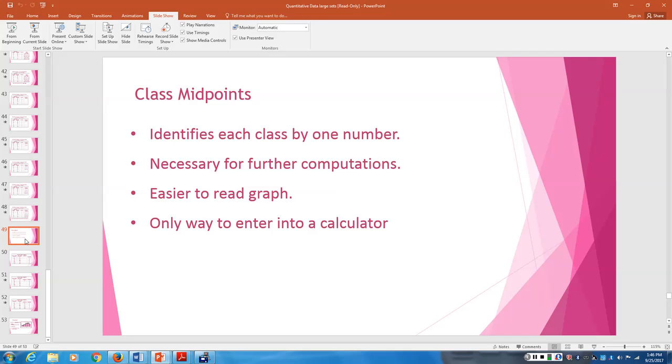And then we talked about getting class midpoints. A lot of times if we're going to do any calculations with the data from a frequency table, we need to know the midpoints to be able to estimate what those first 5 numbers were, or those first 3 numbers were. And it's the only way you can enter it into a calculator if you don't have the table, if all you've got is the frequency table and you don't have the numbers themselves.